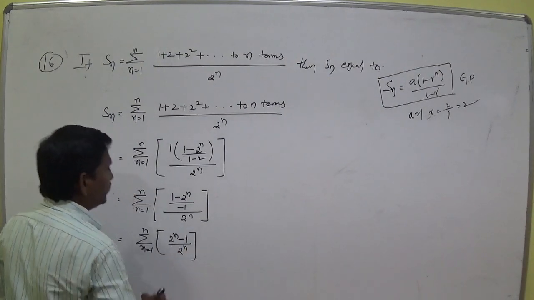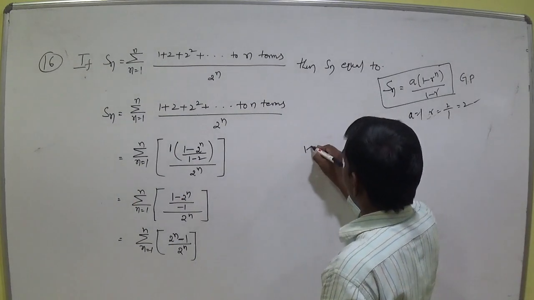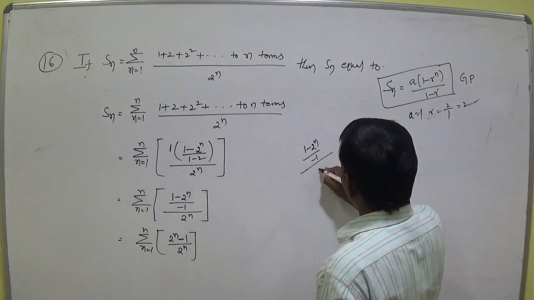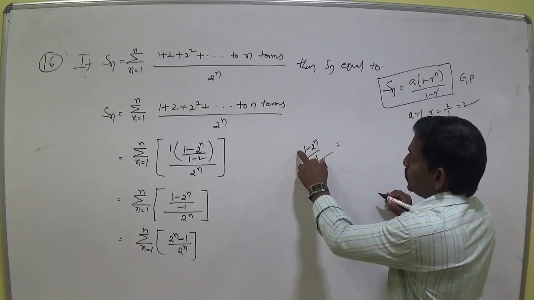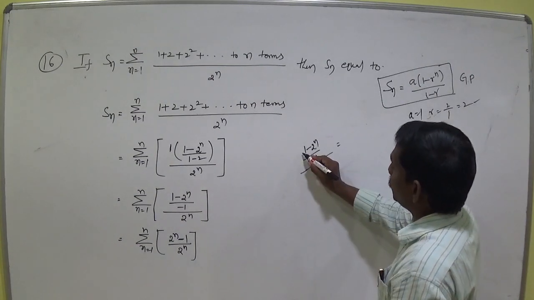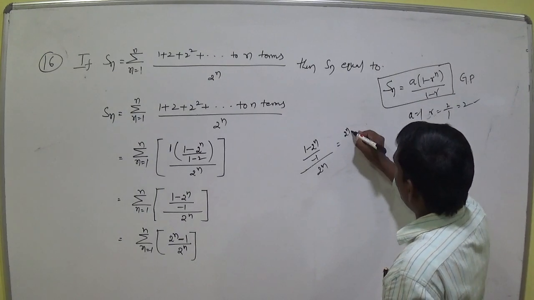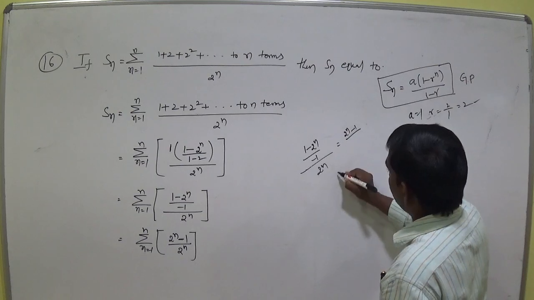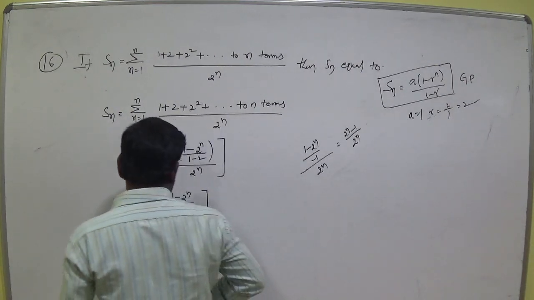Am I right? 1 minus 2 power n by minus 1, so by the multiplication, minus into minus gives plus: 2 power n minus 1 by 2 power n. Why? Because by the transposition.